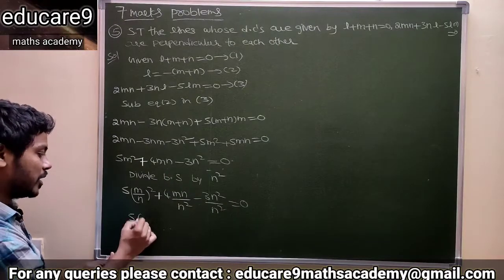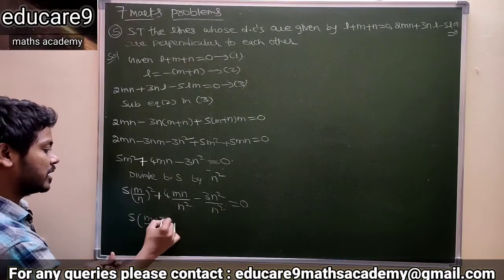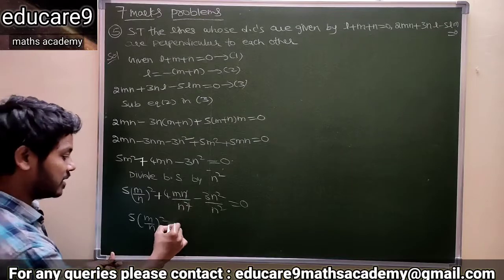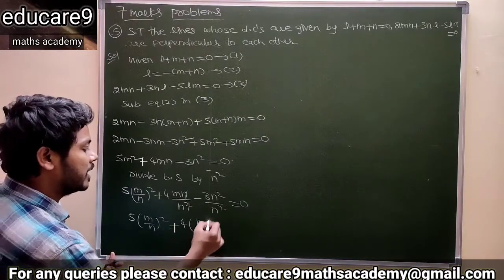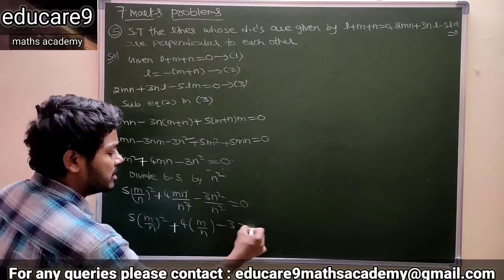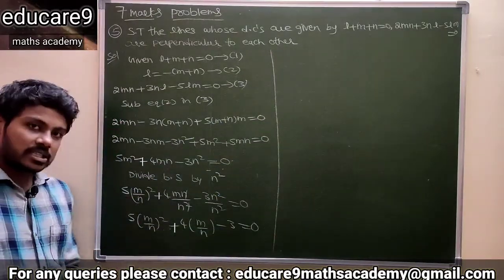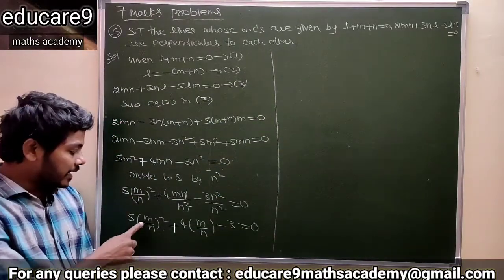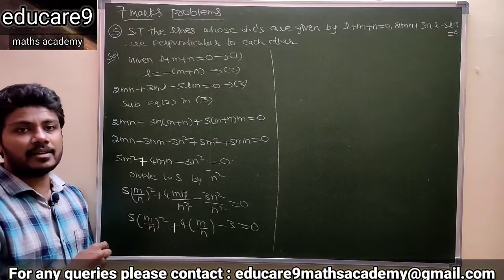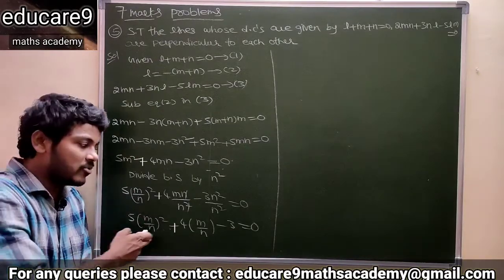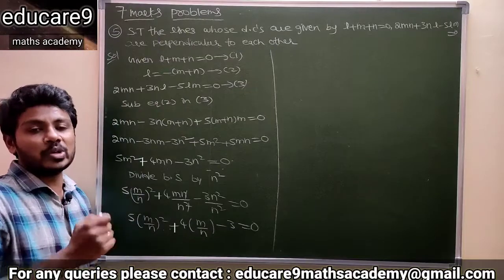This is 5 into (m by n) whole square + 4 into (m by n) - 3 = 0. So clearly this is a quadratic equation in terms of m by n. So clearly this equation has two roots.